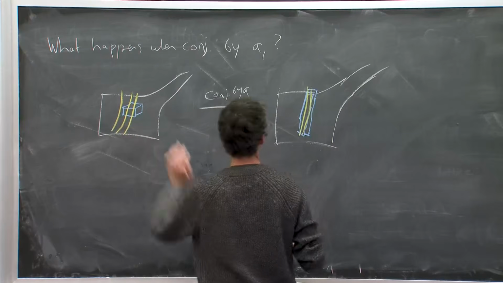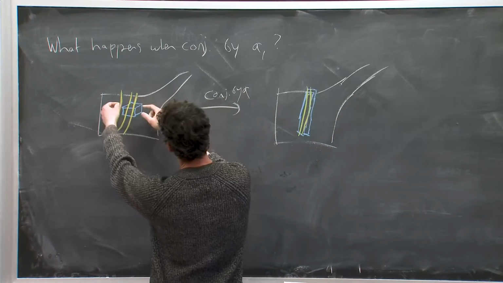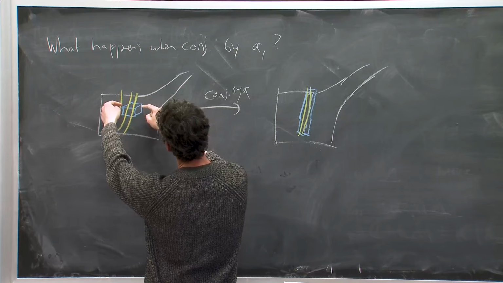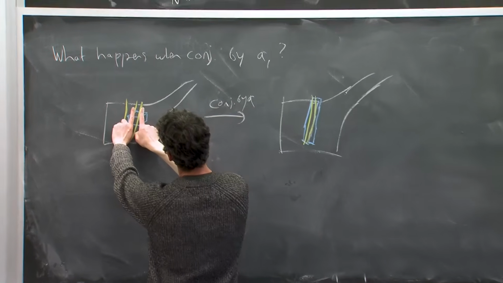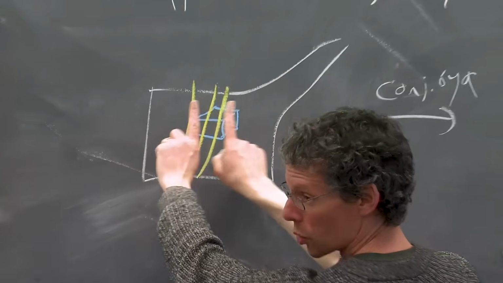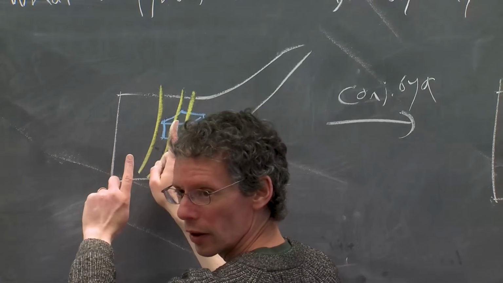So it depends upon this orbit: if two strands here are separated by a direction that's the squash direction, then they'll end up closer together here. And if they're separated by a direction that doesn't get squashed, then they'll stay far apart.